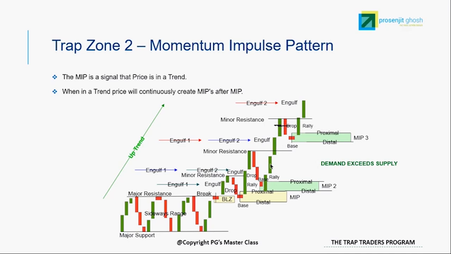What you need to look at is that price engulfs a resistance, stops somewhere, comes down, creates bases, and then engulfs the newly formed resistance. By this, a V-like shape happens on the chart. If that happens, this will be counted as a MIP, even if there is no momentum candle in the entire structure. Still it is a MIP.